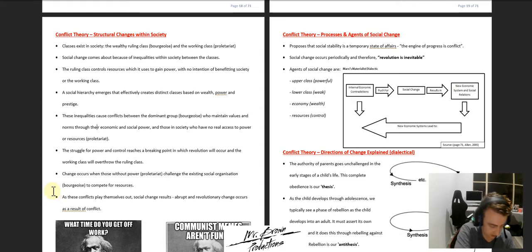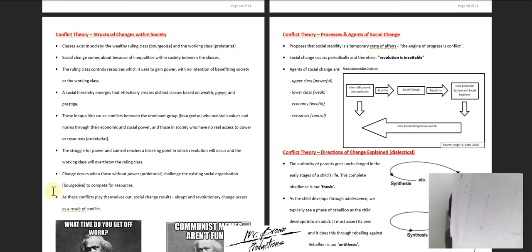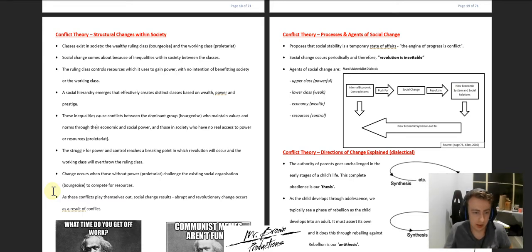Kind of like that arrow there. Yeah? So draw that all the way down here, because this is the theory on how conflict theory creates social change and structural change. You might even want to number them 1, 2, 3, 4, 5, 6, etc.